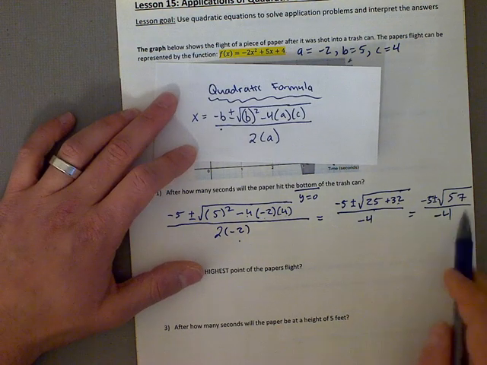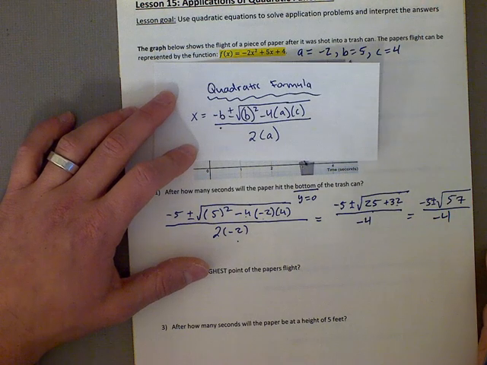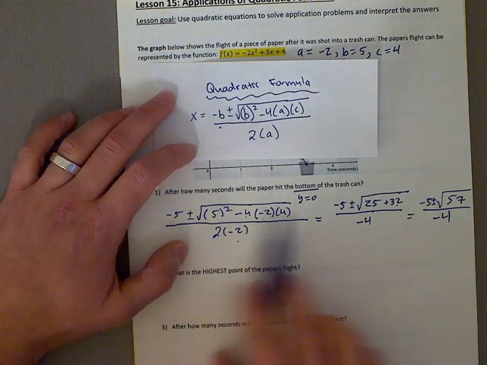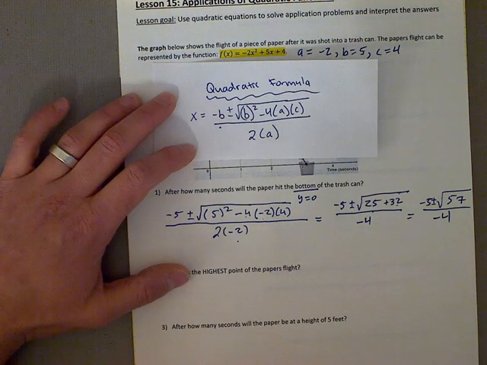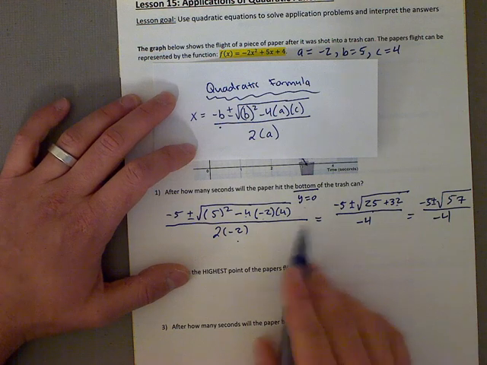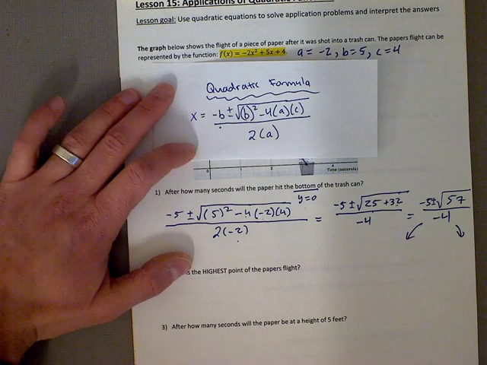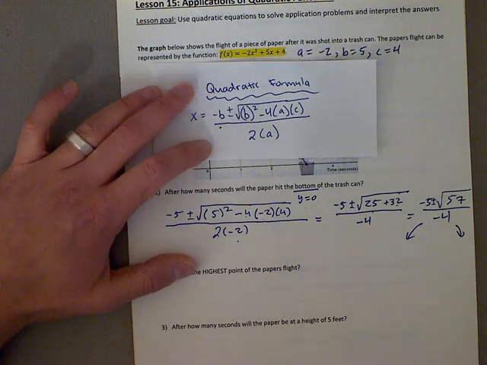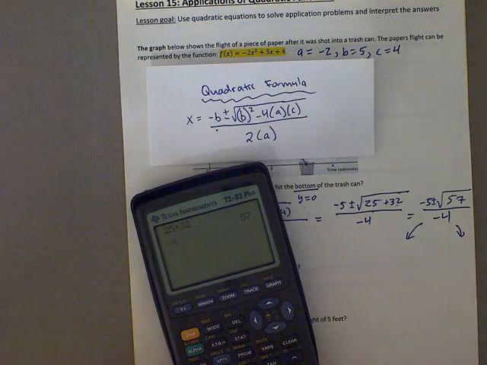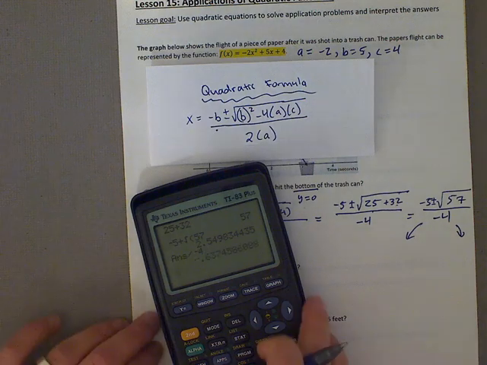And so that is as far as we'll go simplifying it in exact form. So let's get a decimal approximation for this to make it easier to see where this answer is. And of course we're solving it for 0, and that's what our answer will tell us. So let's go negative 5 plus the square root of 57 divided by negative 4.